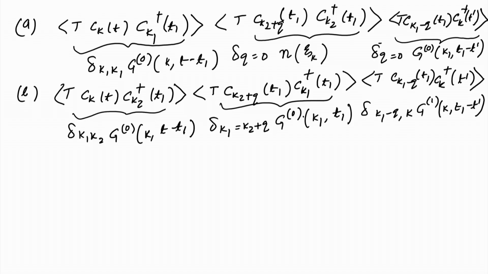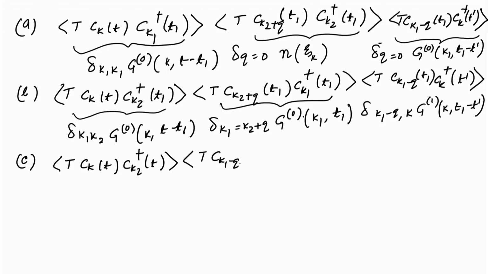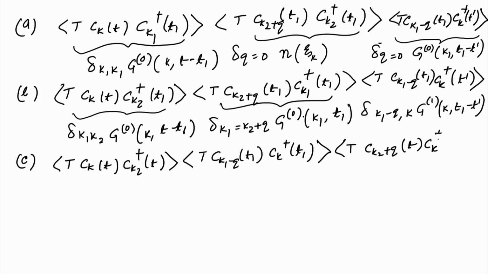And so, let us write down the next term. T c_k, c_k2 dagger at T, c_{k1-q} at T1, c_{k1} dagger at T1, and c_{k2+q} at T1, c_k dagger at T prime, and so on.